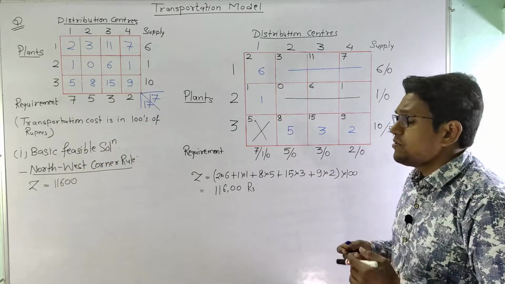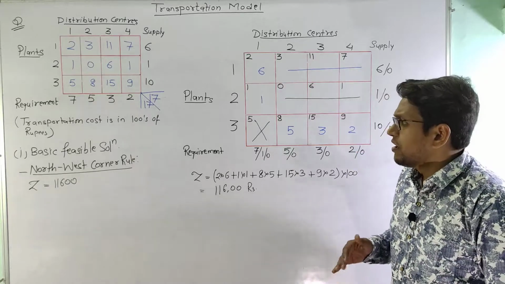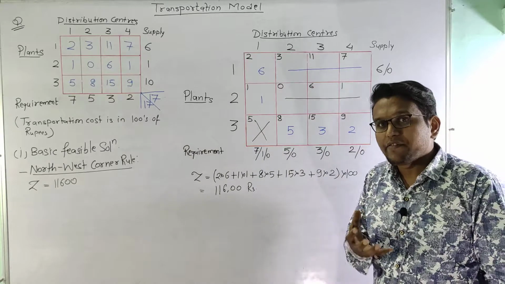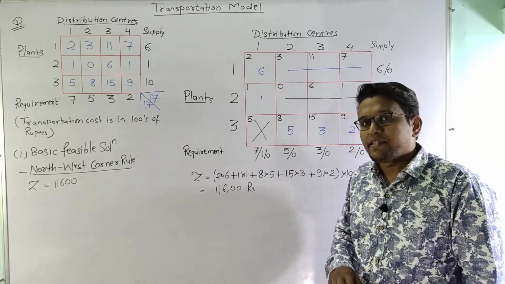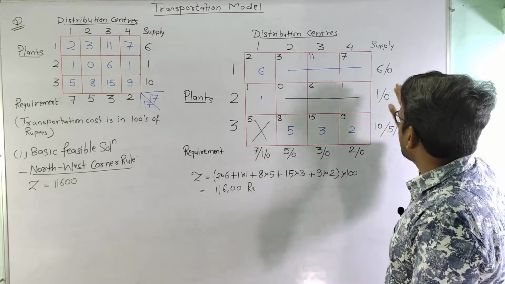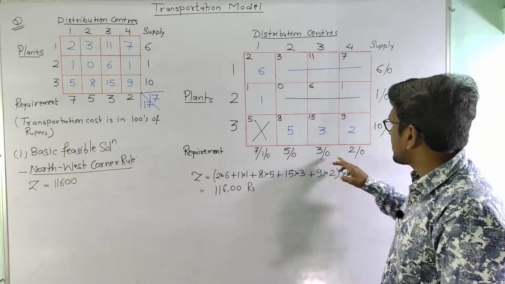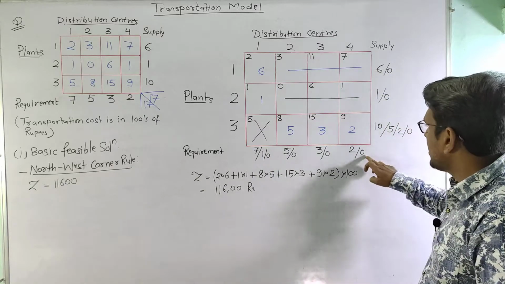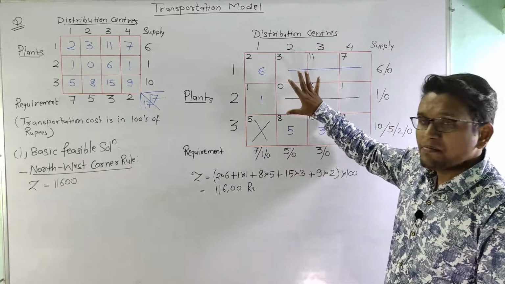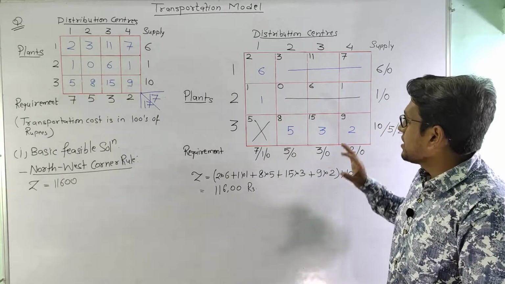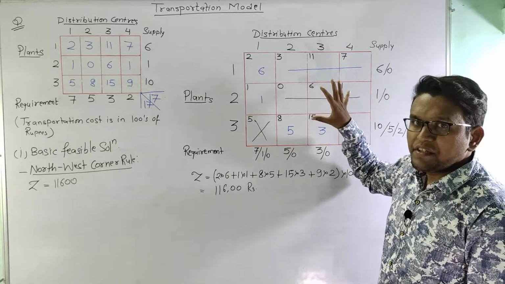Now we need to understand something, that we have seen that for a solution to be a basic feasible solution, it must satisfy 3 conditions. The first one is that all the supply and demand must be fulfilled. So we can see here that all the supply and demand are coming to 0. That means all the supply and demand are fulfilled. The second is that there should be non-negativity restriction.